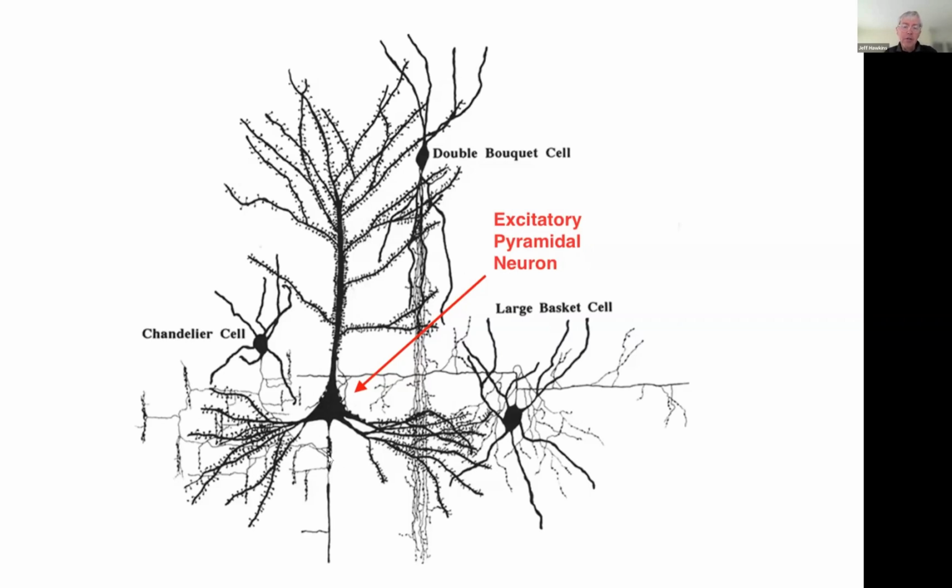So there are inhibitory synapses on the axon hillock, on the cell body, and there are also some inhibitory synapses spread out along these dendrites. It's a small percentage of the synapses, but there are definitely inhibitory synapses along here. So you'd imagine that these different types of inhibition have different effects.